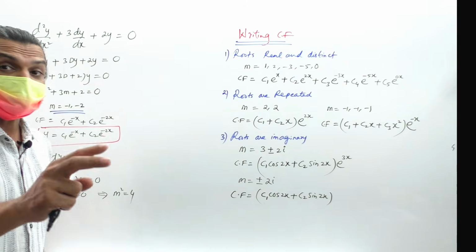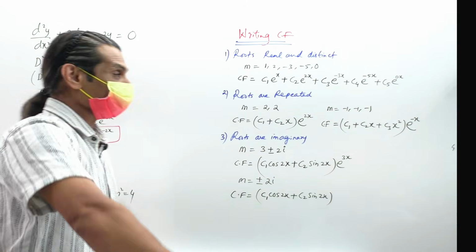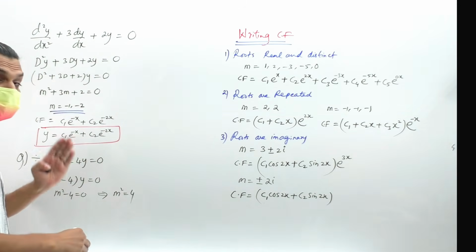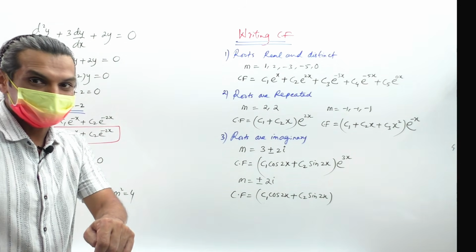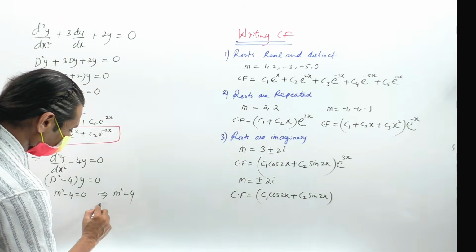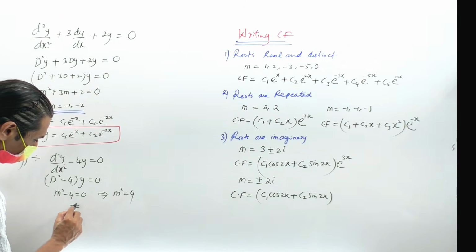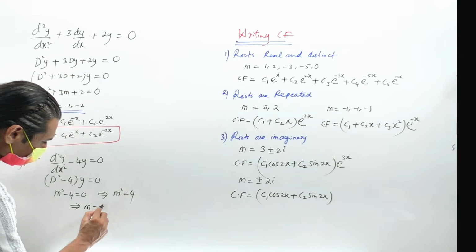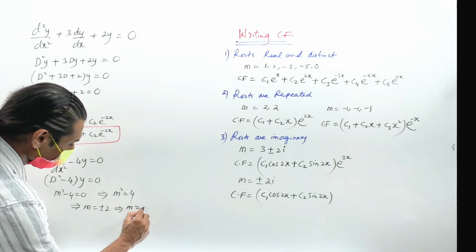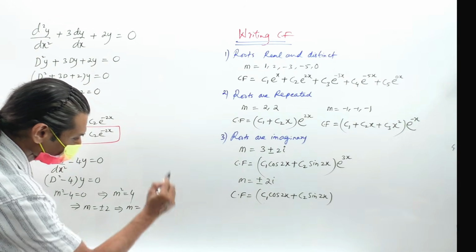M square means how many roots? 2 roots. Square means 2 roots, cube means 3 roots, and so on. M square is equal to 4. That means m is equal to what? As you know, it implies m is equal to plus or minus 2. That implies again I write m is equal to 2 roots, so plus 2 and minus 2.